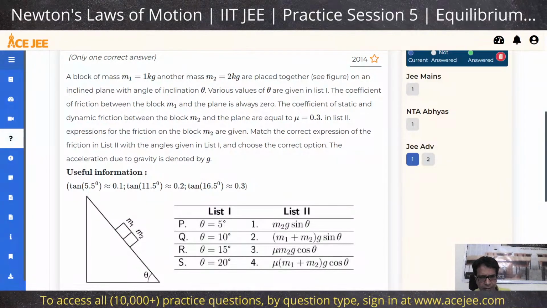If I read that right, yes, it says the coefficient of friction between the block m1 and the plane is always 0.